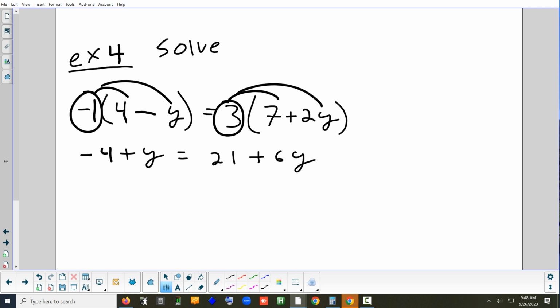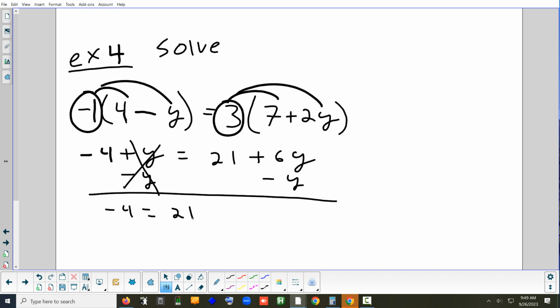Adding and subtracting. If we subtract the y from both sides, it'll stay positive, at least for now. So we get -4, and then we have 21 plus 5y.